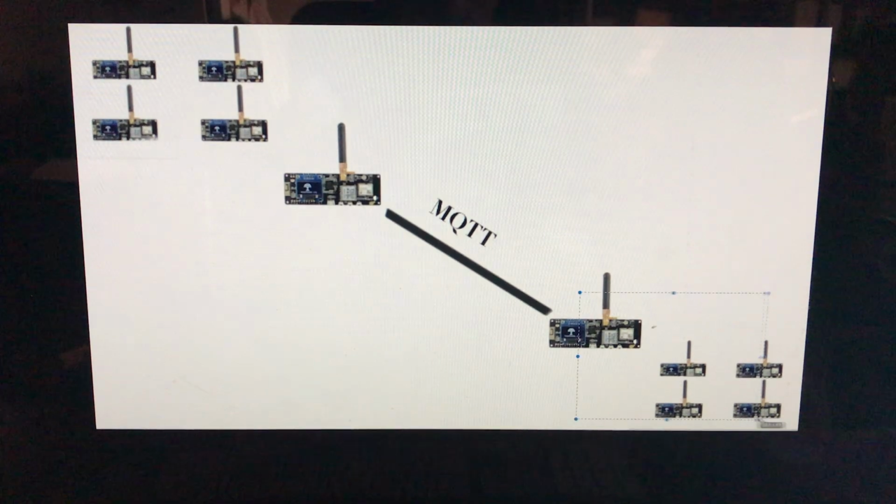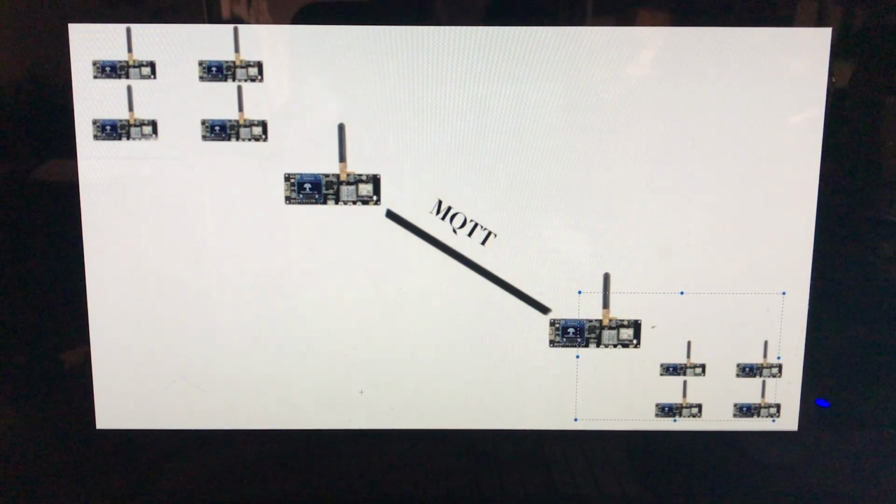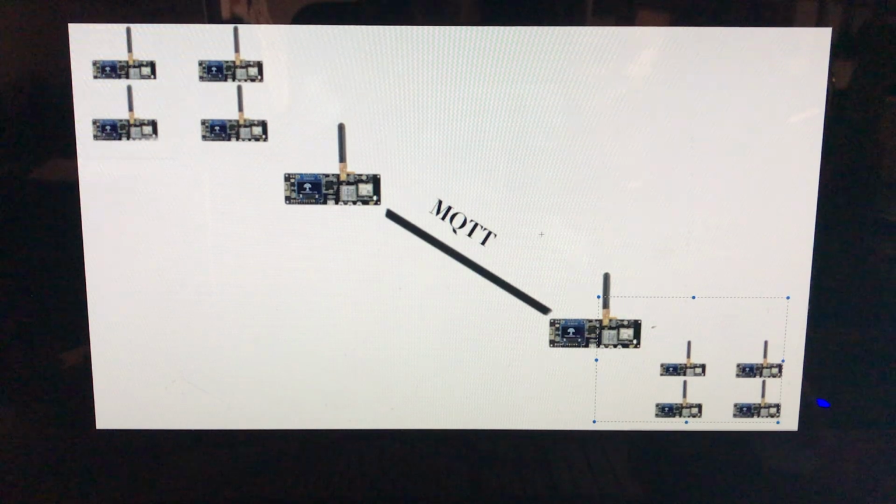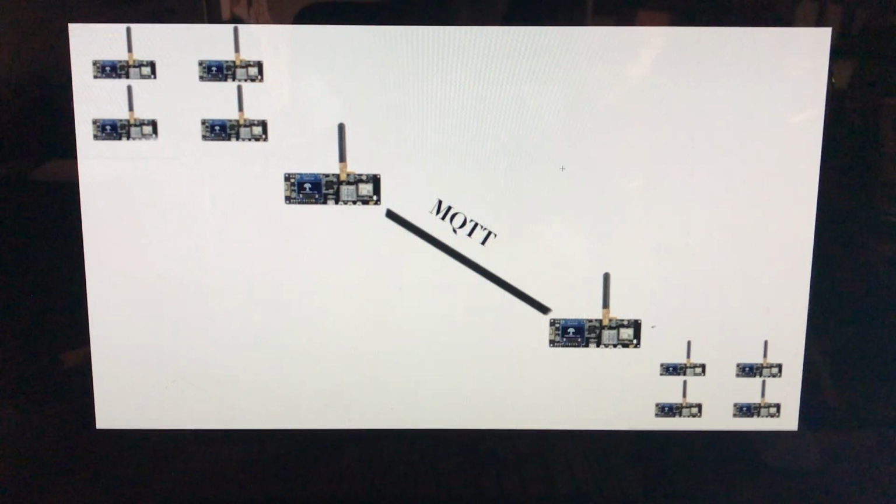And then we have the same thing down here. This is a huge area in between. Let's say this is Northern California, and this here is Southern California. We don't have enough nodes to cover from Southern California to Northern California, so to connect these two mesh networks, we're going to use the MQTT broker.